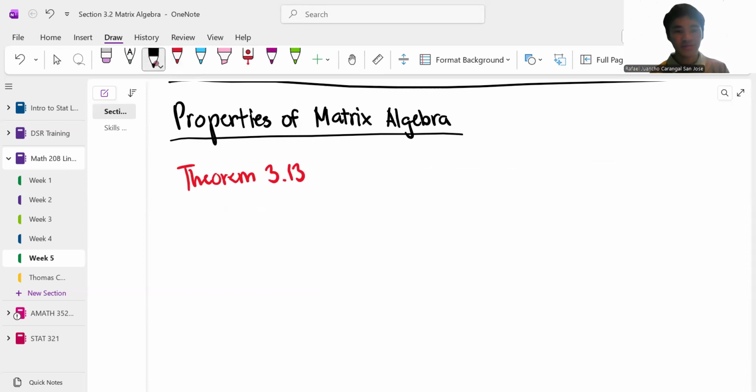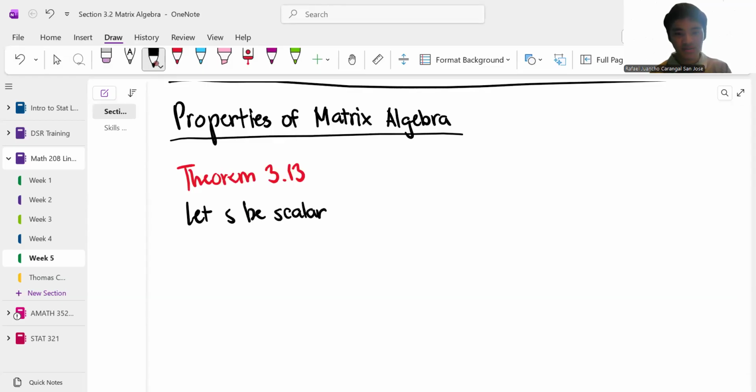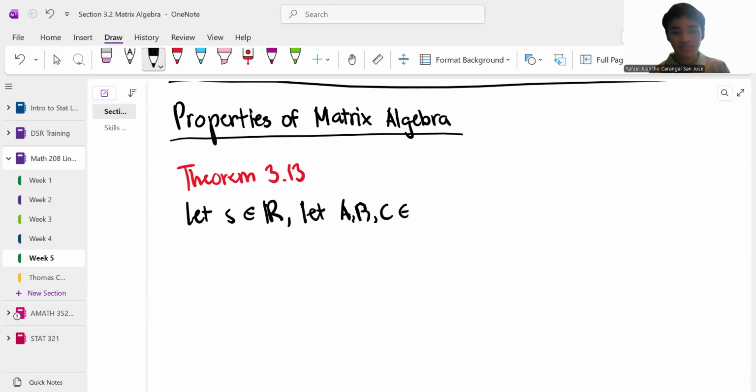So we're doing a theorem here. Again, we let S be a scalar. Let me just write it in a very mathematical way, because it's shorter and I'm lazy. And then we also let A, B, C be matrices.